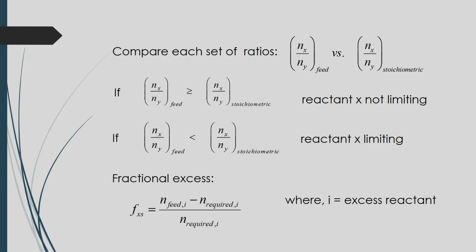So, if Nx by Ny in the feed is greater than or equal to Nx by Ny in the stoichiometric ratio, then the reactant X will not be limiting. Whereas, if Nx by Ny in the feed is less than Nx by Ny in the stoichiometric ratio, then X will be the limiting reactant.